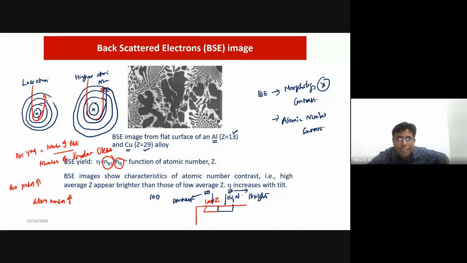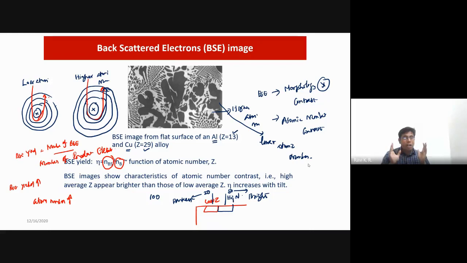In this sample, these are the white phase. These regions have a higher atomic number, and these are the regions with a lower atomic number. So now you are getting a contrast.